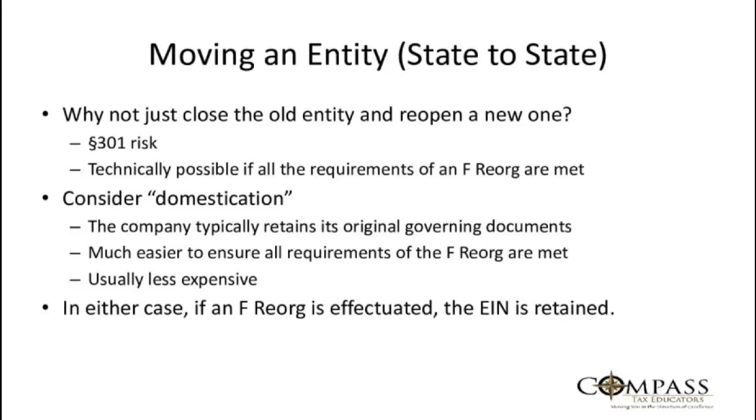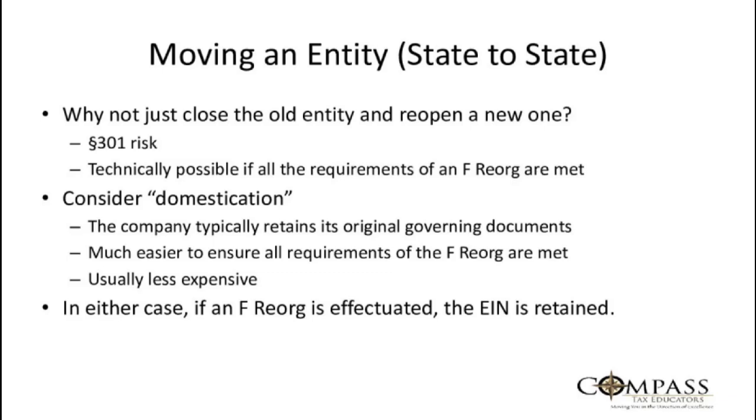And so what I typically recommend clients do is they try to do something called a domestication of their entity. The cool thing about the domestication, it doesn't work in all cases, but it works in very many of them, is that you can go to the state that you want to move your business into, and you can file paperwork to say, hey, I want to domesticate my California corporation to Delaware.